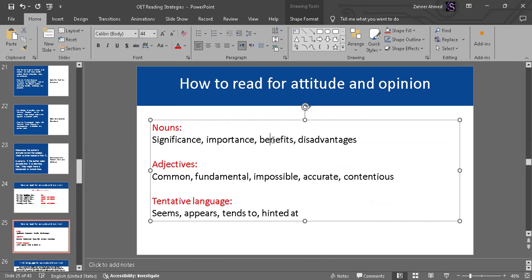The word was written in the text, the word benefit was written in the question, right? So likewise, these are the words that will give you a signal of your answer in the same passage or in the same information. These are some adjectives, and you can note these words with you. So when you see these words in the question, you try to find the words in the text.